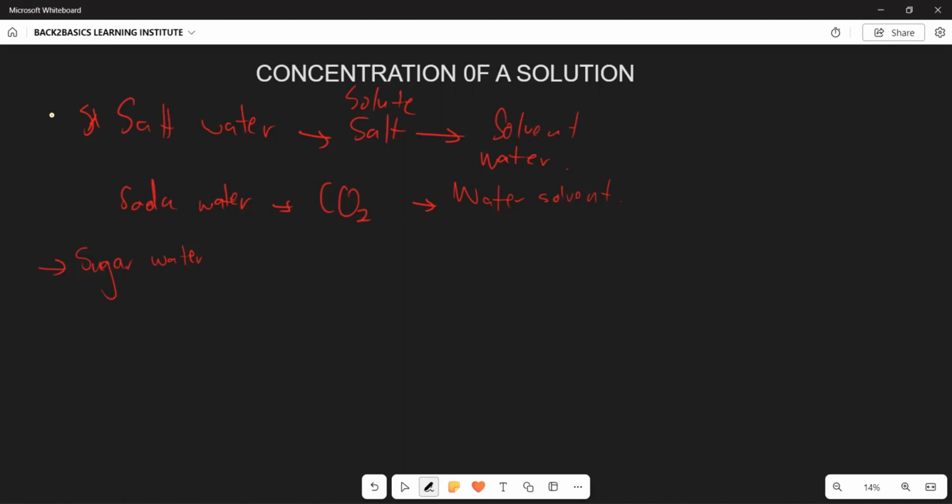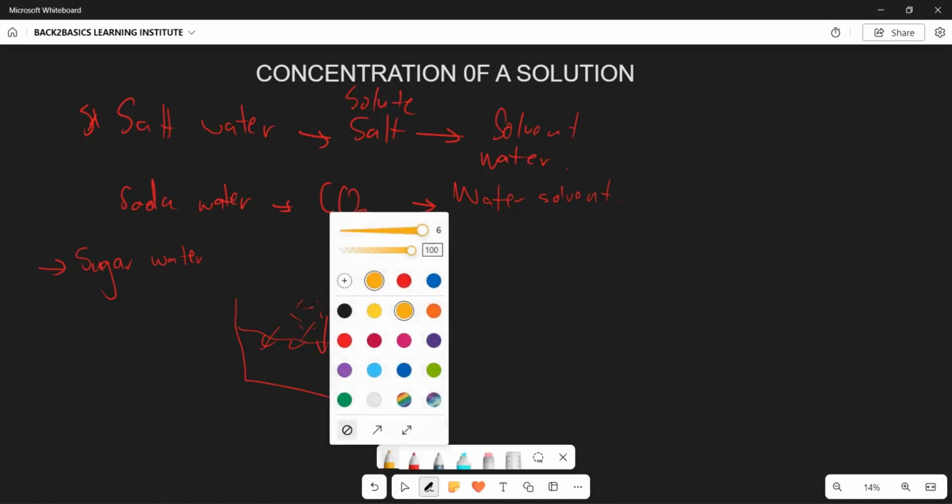If this is your cup and this is your water, the more grains you are pouring into this particular cup, the more you pour the sugar in here, the more will happen.